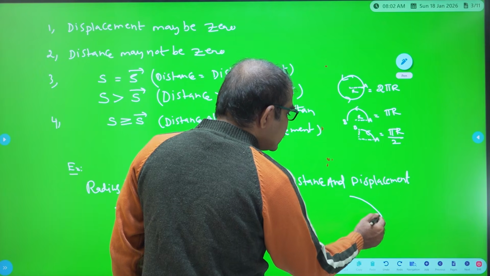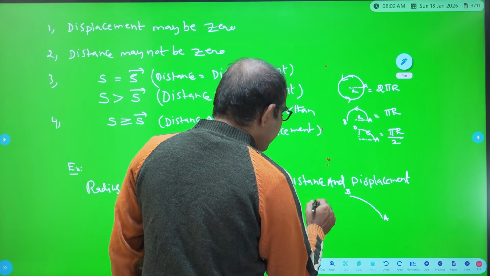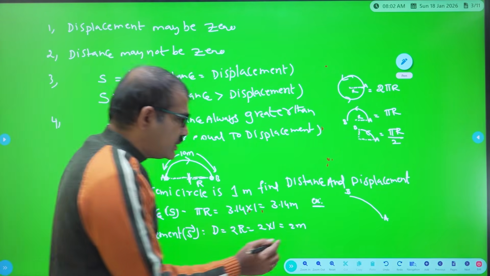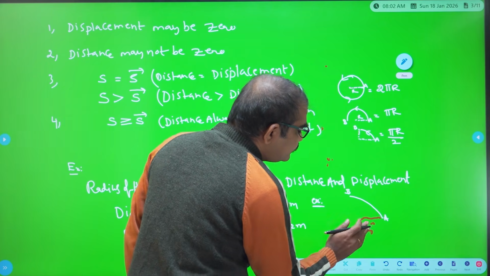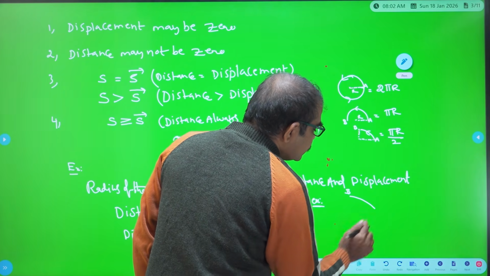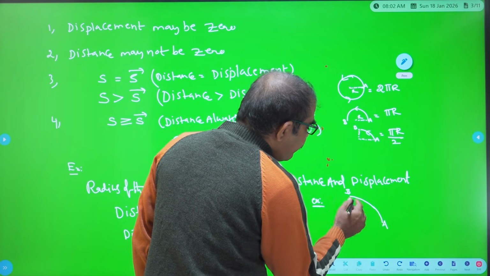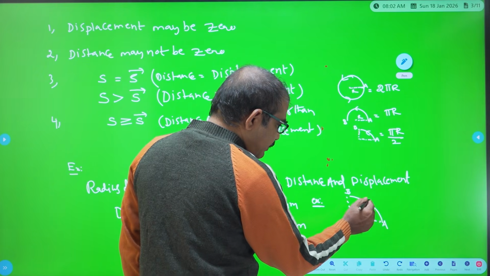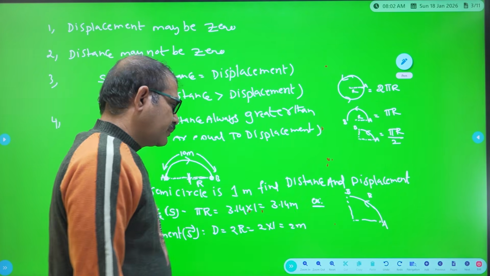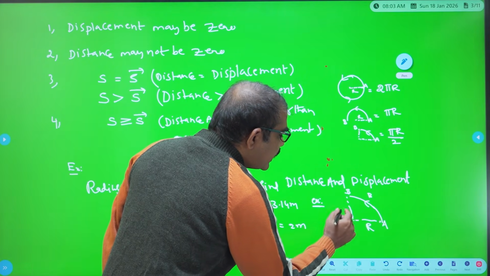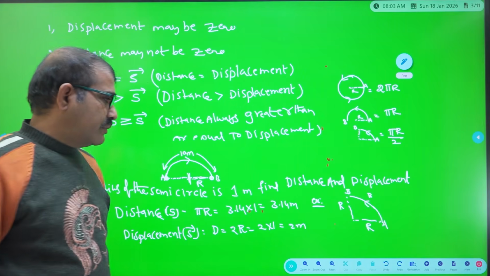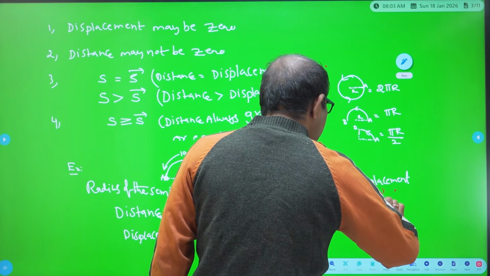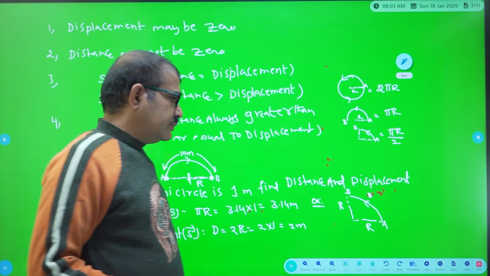The body is moving like this, from A to B. A quadrant circle is a 1/4 circle.